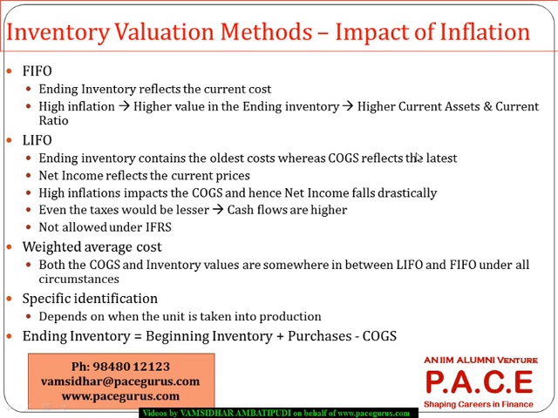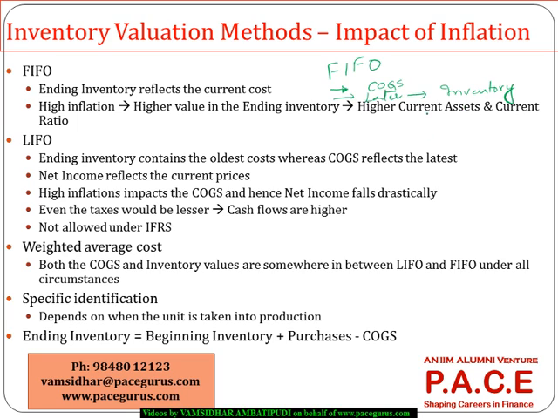So let's look at each of those valuation methods. When I am talking about FIFO, first in first out, the goods that are purchased earlier go into cost of goods sold, and the goods that are purchased later, meaning very recently purchased goods, go into the inventory.